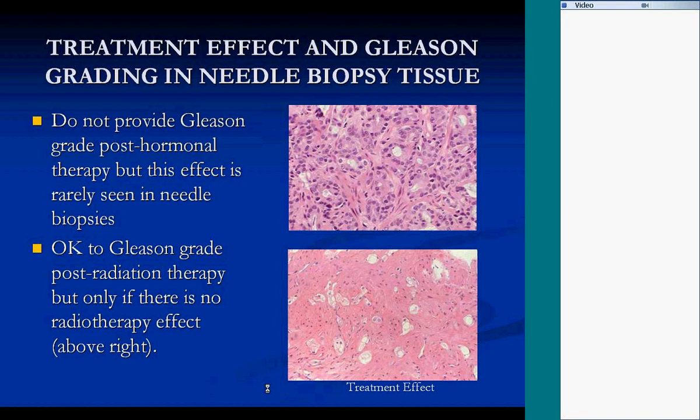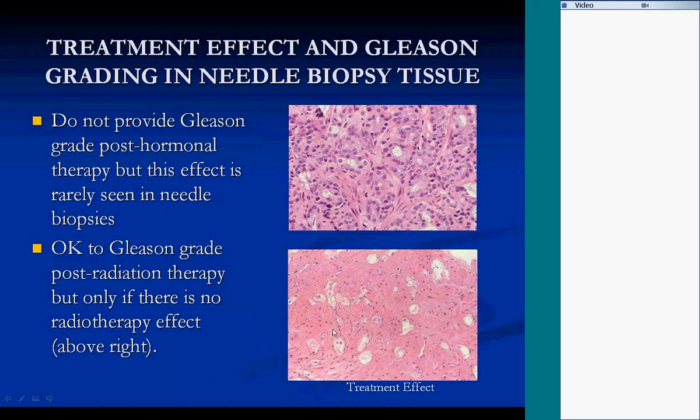On the other hand, we're more likely to see this, that is a follow-up needle biopsy after initial diagnosis of adenocarcinoma, after radiotherapy. And it's actually okay to provide a Gleason grade post-radiation therapy if the cancer looks very much like it did before therapy. So you can see on the right-hand side, the upper image is of a prostate carcinoma treated with radiotherapy, but this is a radioresistant cancer. So there is no treatment effect, and it's okay to grade that particular case.